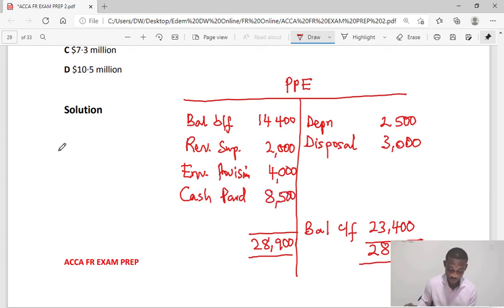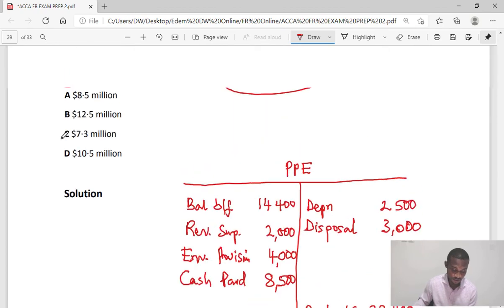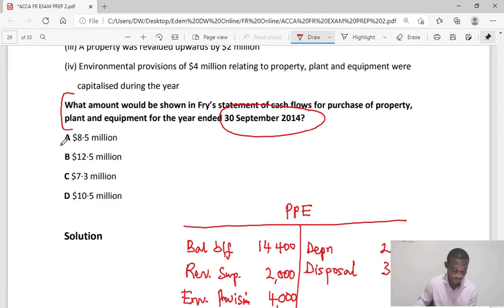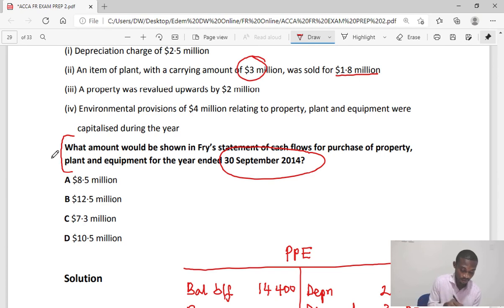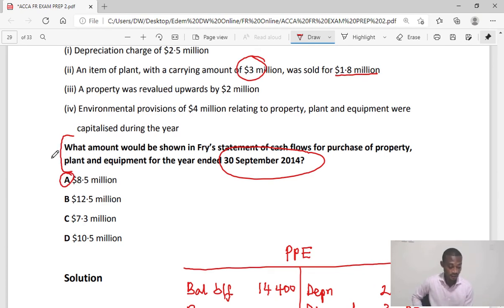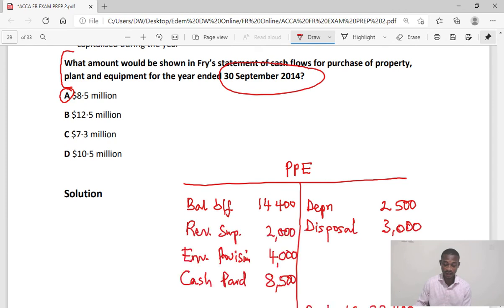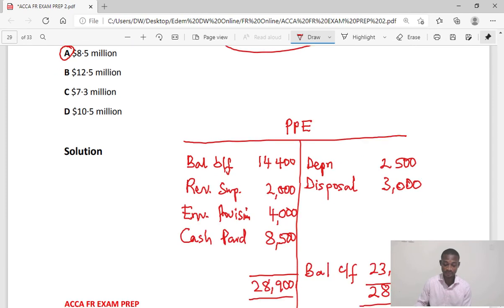And that should be part of the options from the question. And I recommend having the answer as 8.5 million, which is 8,500, because the figures here are in thousands, they are not in millions.